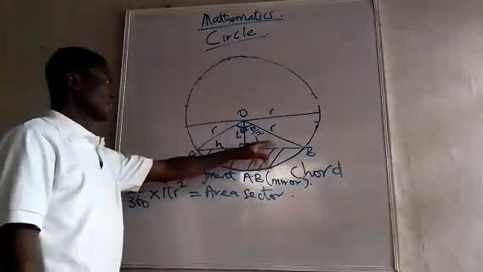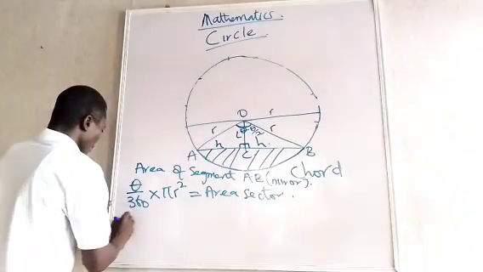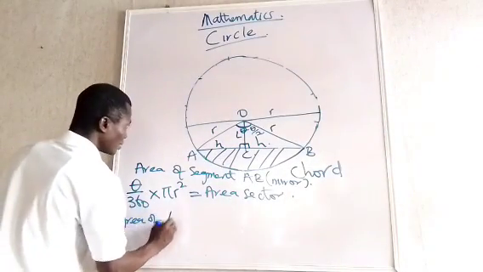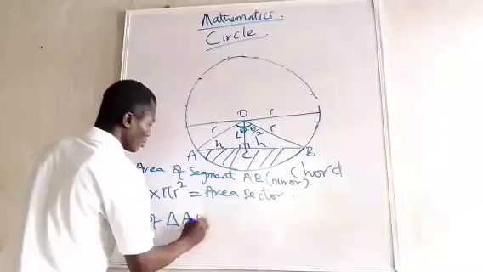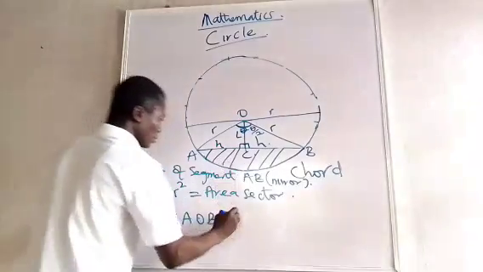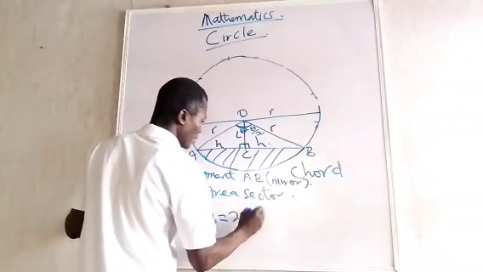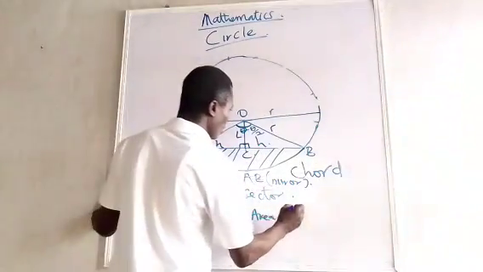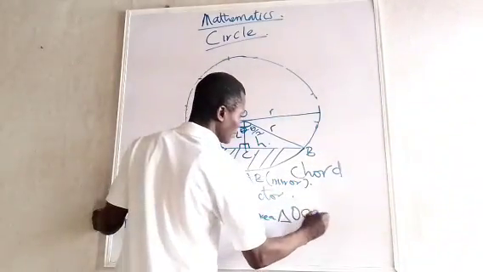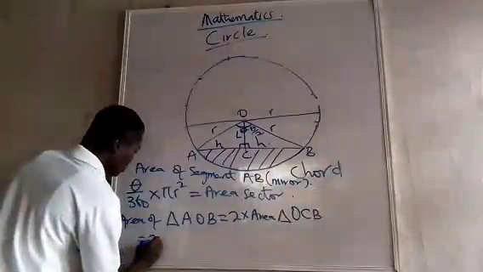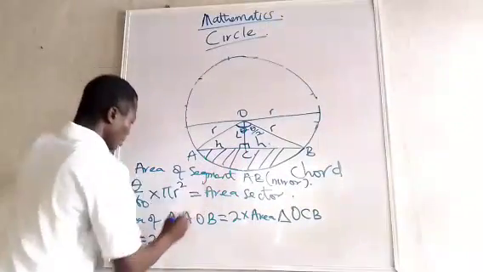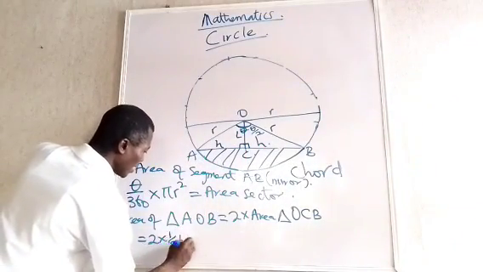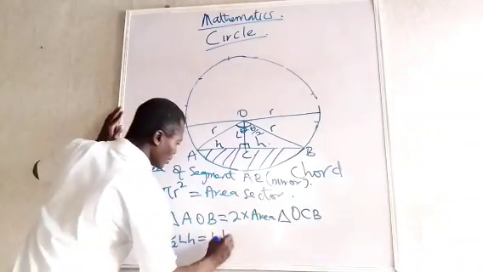I will find the area of triangle AOB by saying it will be equal to 2 times the area of triangle OCB, and that will be equal to 2 times half LH, which is LH.